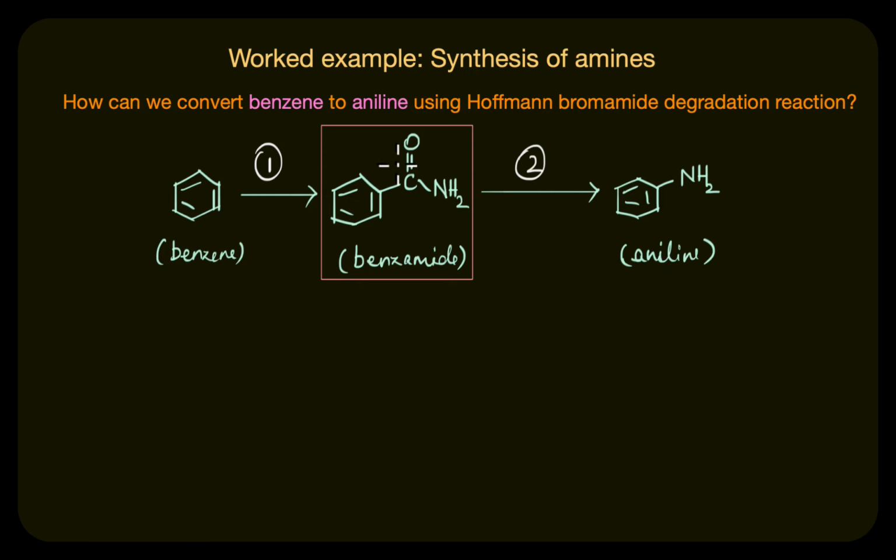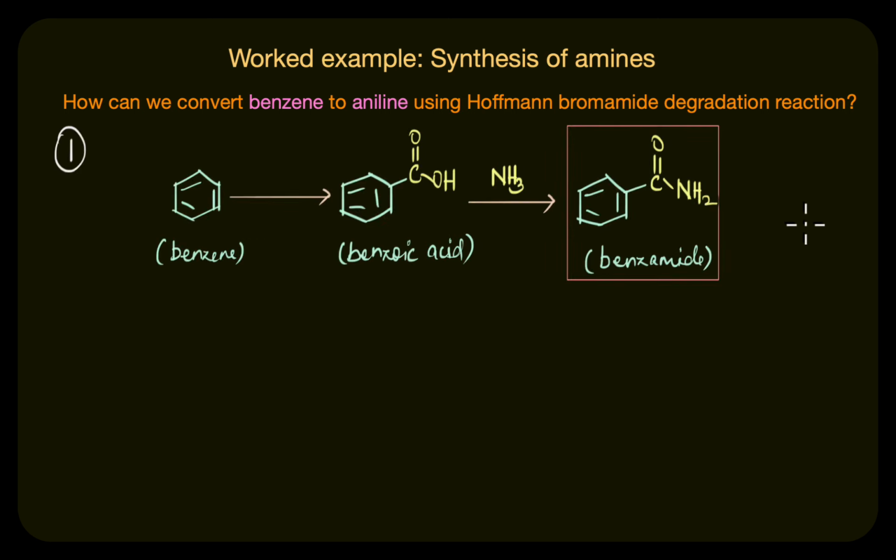So how do we get benzamide from benzene? Well, we know that benzamide or any amide is a derivative of the corresponding carboxylic acid. So the carboxylic acid in this case is benzoic acid. So when we treat benzoic acid with ammonia, we get benzamide. And how do we get benzoic acid from benzene? Okay, by oxidizing toluene. You see, benzene can be easily converted to toluene by using Friedel-Crafts alkylation reaction.